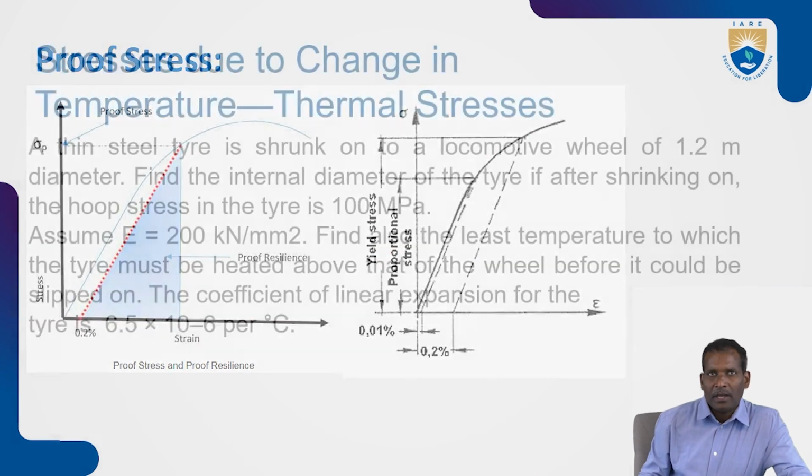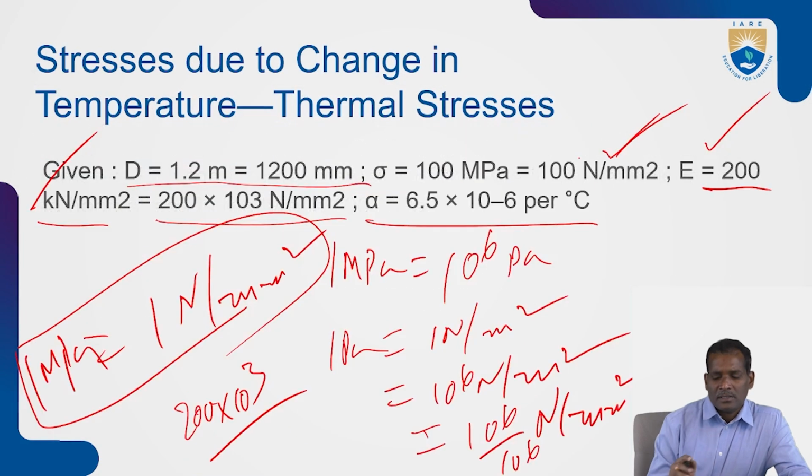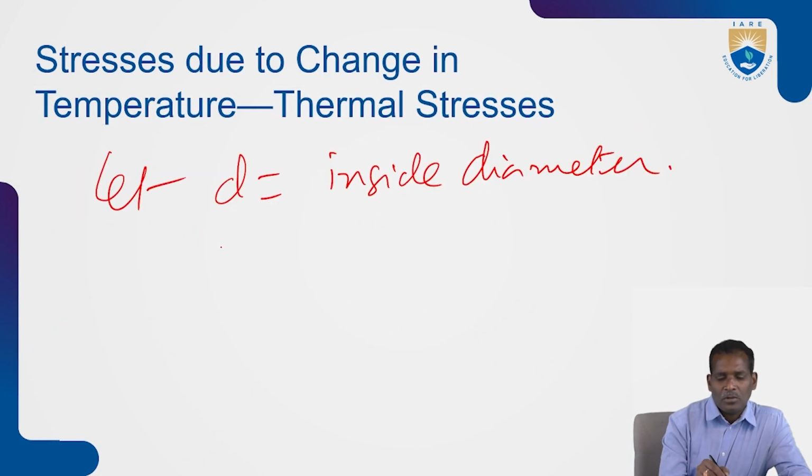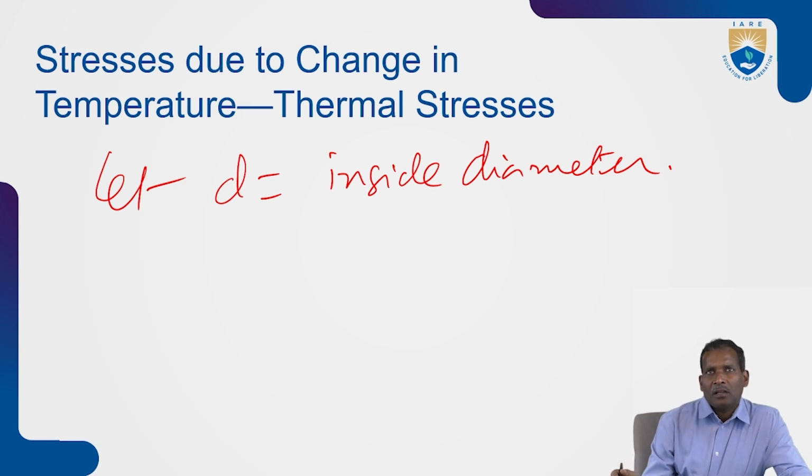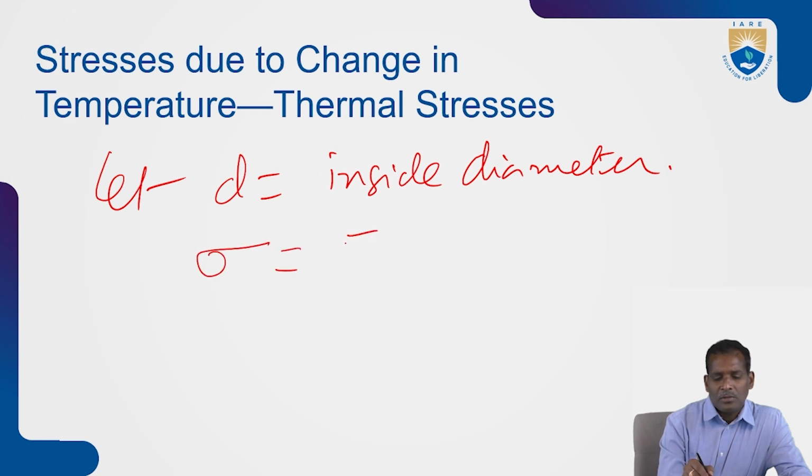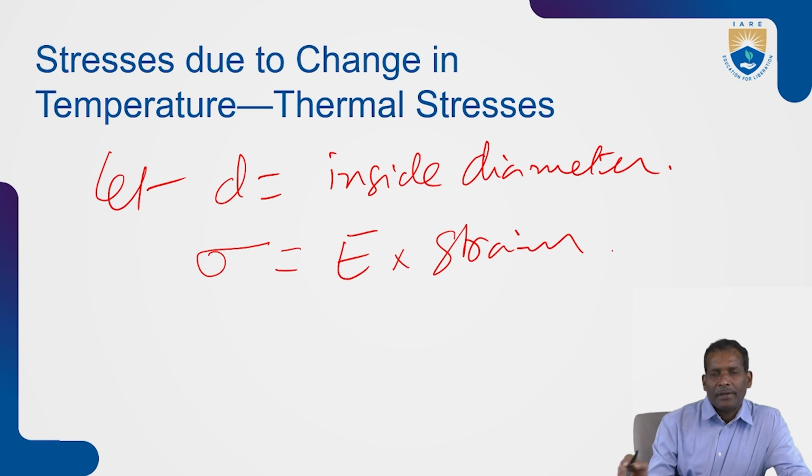So now the stress is equal to load per area. But our load is not available and area also, so where can we calculate? But one more relation is there. According to Hooke's law, stress is equal to E multiplied with strain.